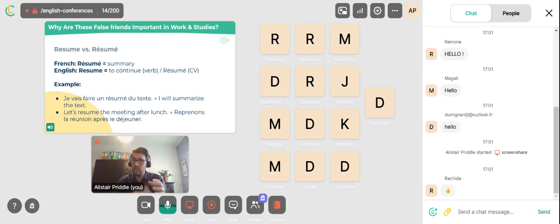However, we do use the word résumé to talk about a CV. Let's have a look at an example of these two false friends. Je vais faire un résumé du texte. I will summarize the text. Let's resume the meeting after lunch. Reprenons la réunion après le déjeuner. So we've got resume versus résumé.